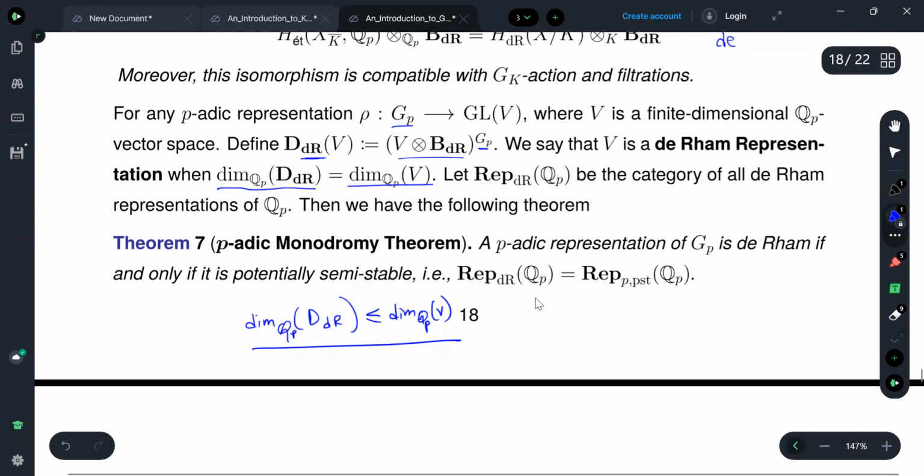That is, there is a categorical equivalence between these two categories. So this is why we need p-adic Hodge theory, because of this ring BDR.